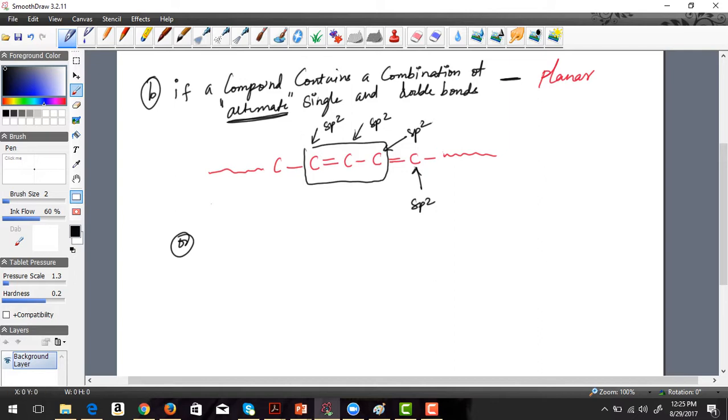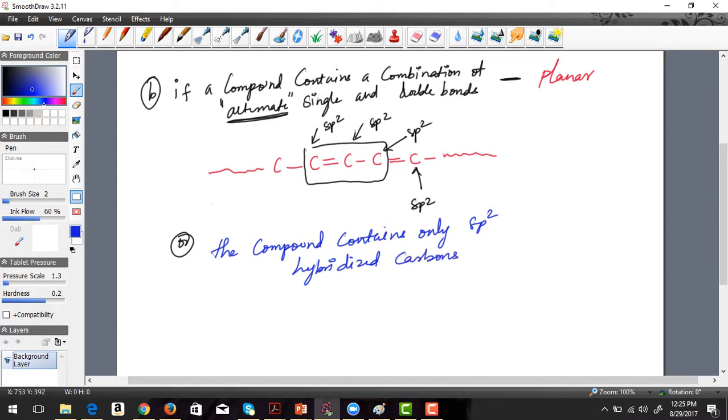Let me say the same thing in different words: if the compound contains only sp2 hybridized carbons, then it is planar. There are two ways to state the above statement. You pick which one works best for you. So if it's not alternate, let's look at a case.